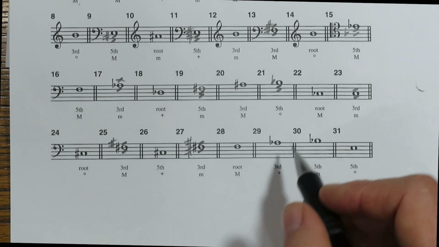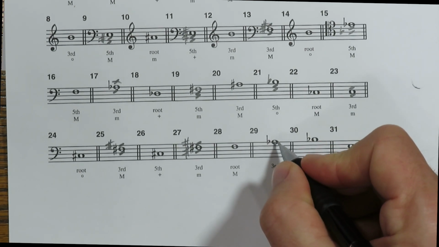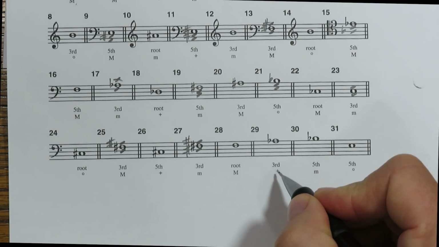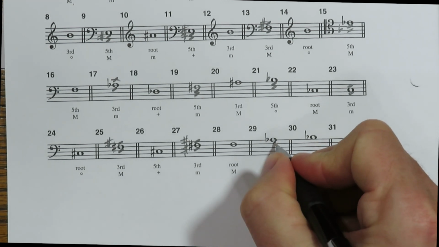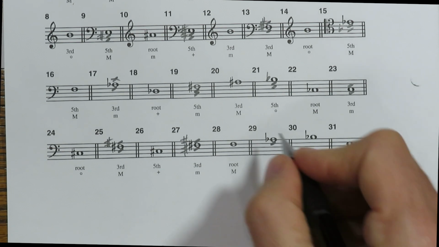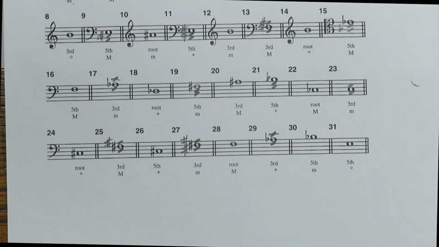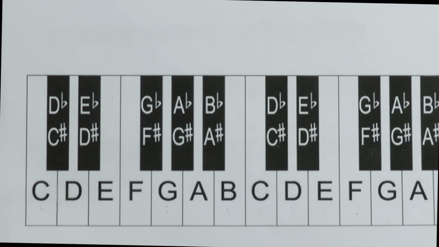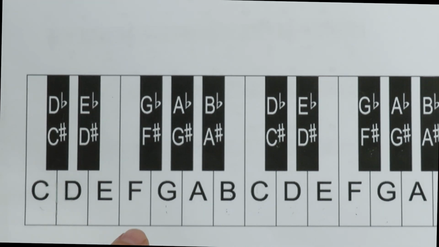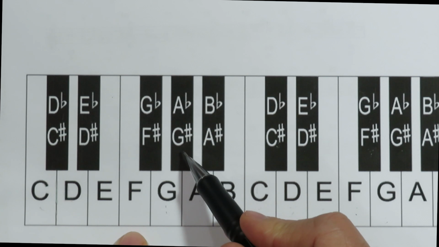Now we have the A flat as the third of our augmented chord. So you've got an F, an A flat, and a C. So we're going to stack major thirds. So we have F to A flat, 1, 2, 3 half steps, minor third. So we're going to want to make that a major third.